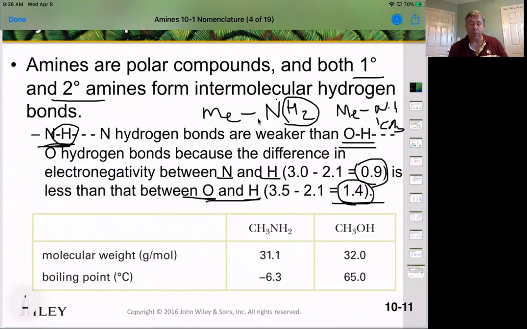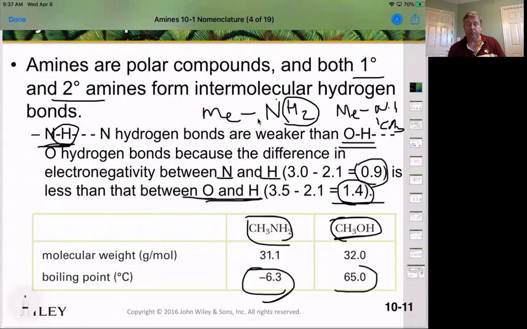So that means that alcohols and water have a much higher boiling point because they hydrogen bond more strongly. So if we think about the boiling point of the methylamine right here, which is analogous to the methanol here, we actually don't see the significant gain in boiling point that we get from the hydrogen bonding with the alcohol. However, we do see a boost compared to if it didn't have those at all. Okay.